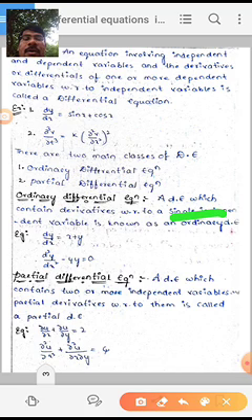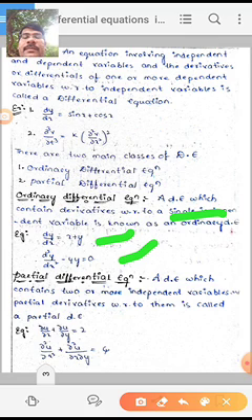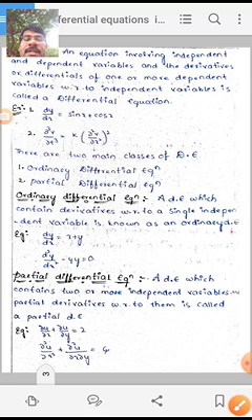That is, dy by dx is equal to x plus y, and d square y by dx square minus 4y is equal to 0. In these two examples, x is the independent variable and y is the dependent variable. There is only one independent variable, that is x.